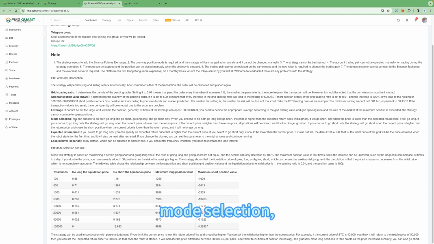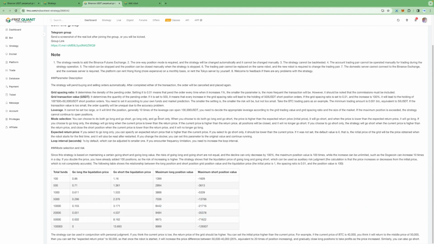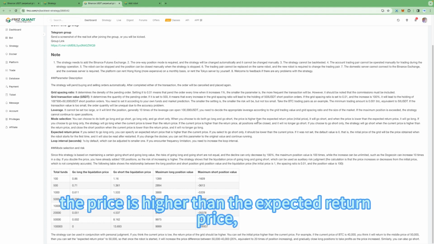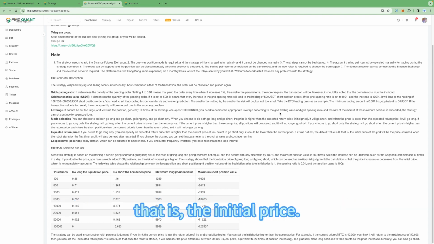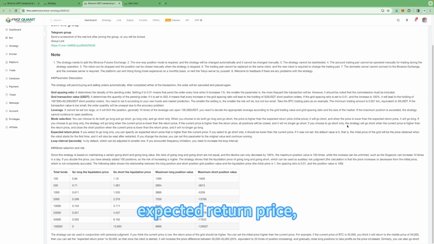Model selection. We can choose to do both go long and go short, or go long only, or go short only. When we choose to do both go long and go short, if the price is higher than our expected return price, that is, the initial price, we go short, and when the price is lower than the expected return price, it will go long.